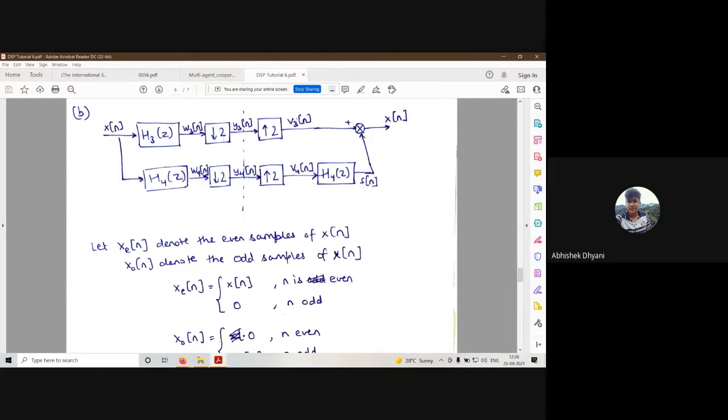Here we don't need any other filter at this location because h3 of z is simply 1. I mean the DFT of h3 is 1. So this is the arrangement. Now we have to see whether on adding these two signals v3n and sn, we can get x of n back or not.